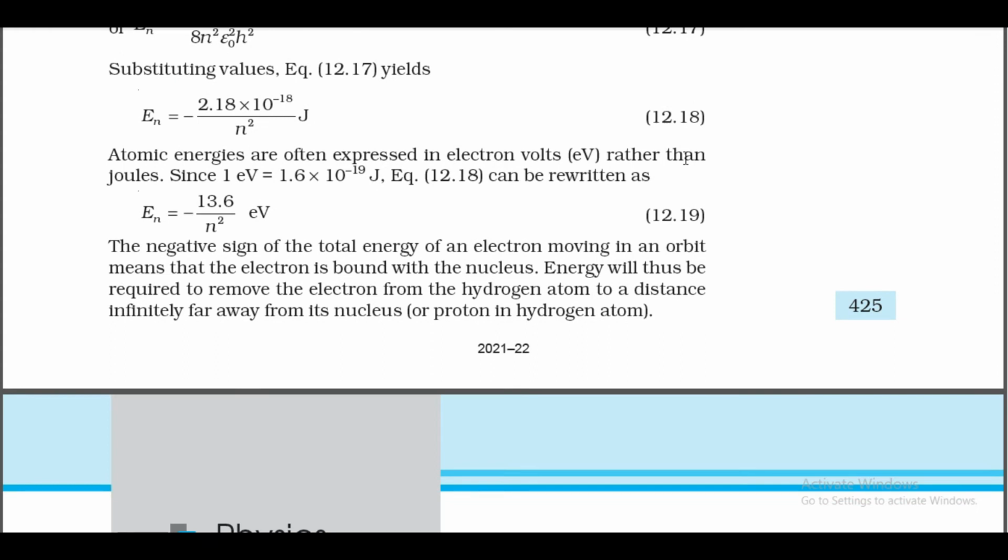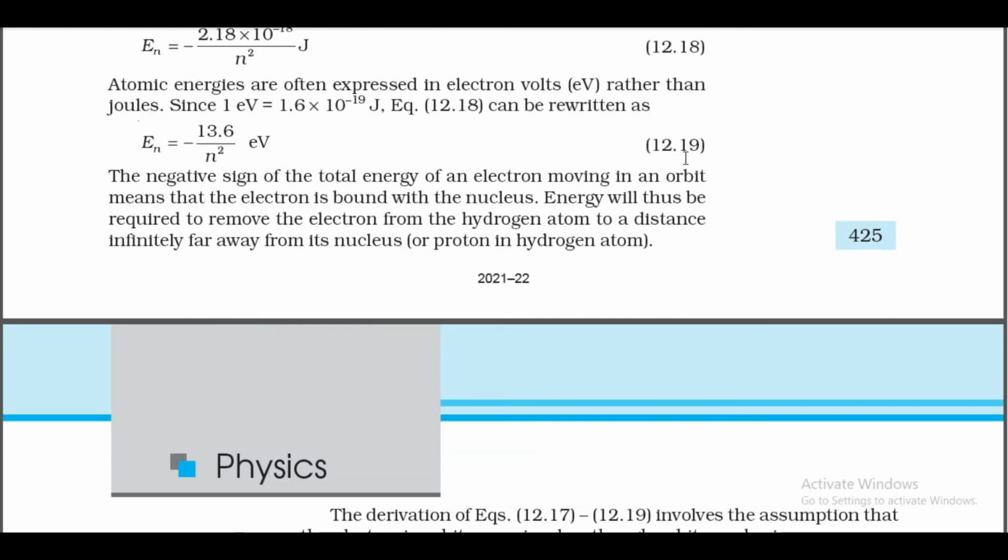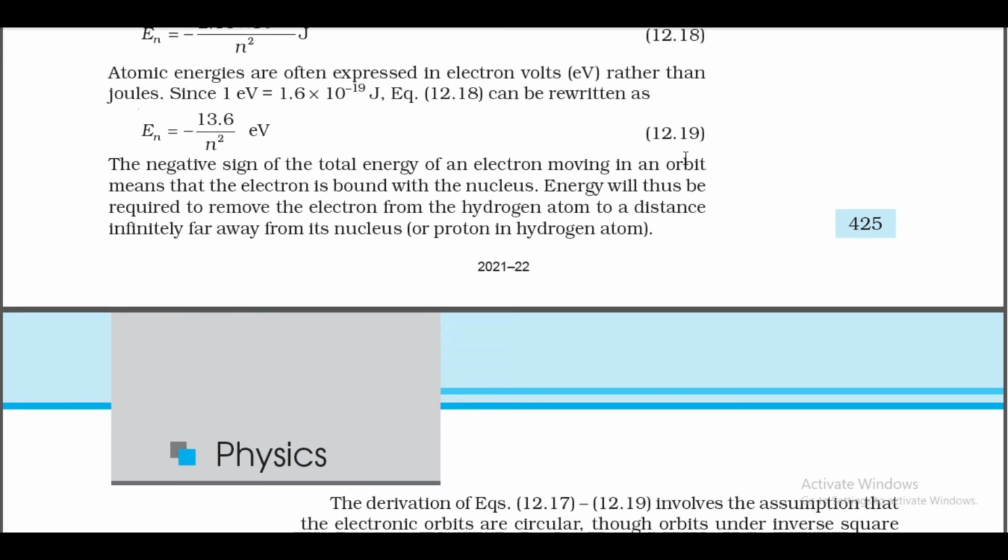The negative sign of the total energy of an electron moving in an orbit means that the electron is bound with the nucleus. Energy will thus be required to remove the electron from the hydrogen atom to a distance infinitely far away from its nucleus or proton in the hydrogen atom.